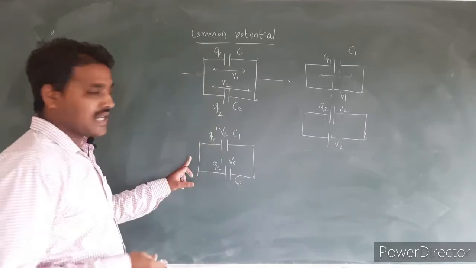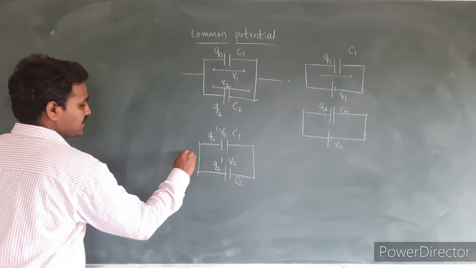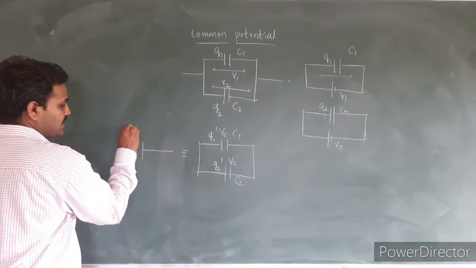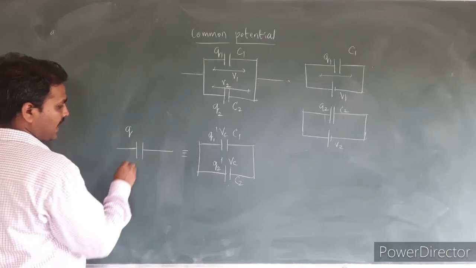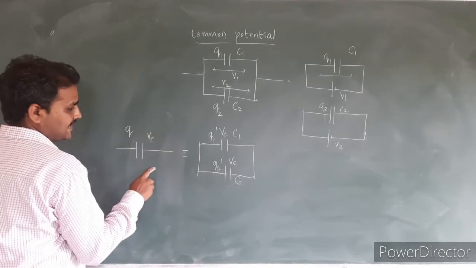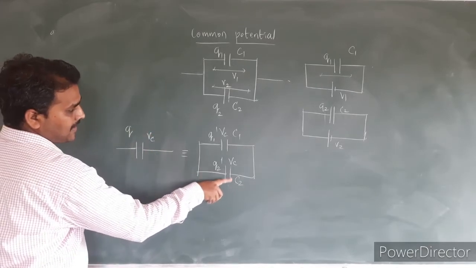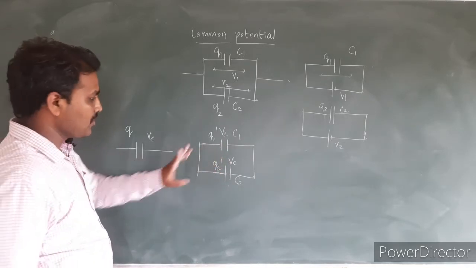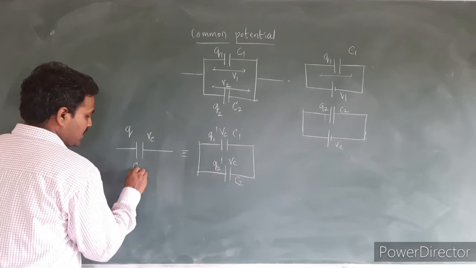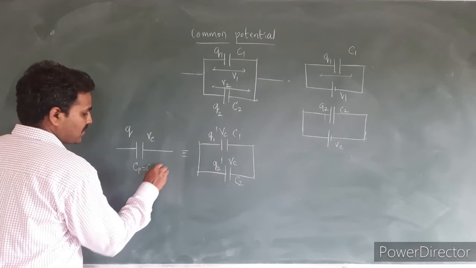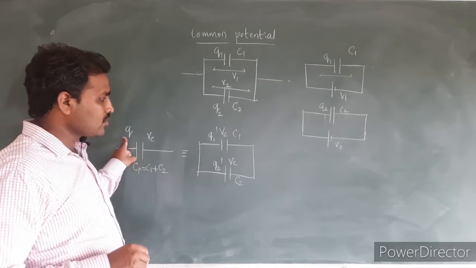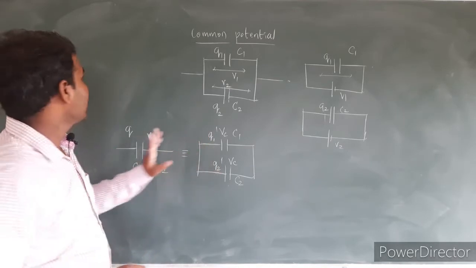Then if I write the effective combination here, the equivalent circuit can be written like this. The net charge is Q, the potential is Vc, and the effective capacitance of these two capacitors, which are in parallel combination, will be Cp equal to C1 plus C2. And this Q will be equal to Q1 dash plus Q2 dash.